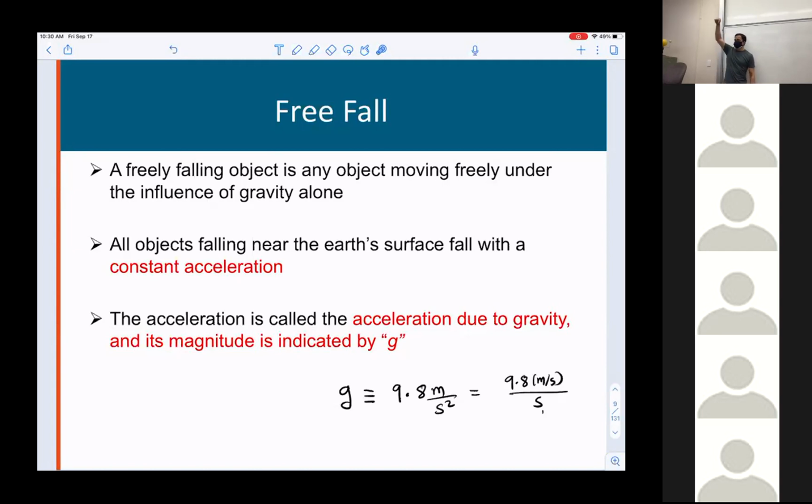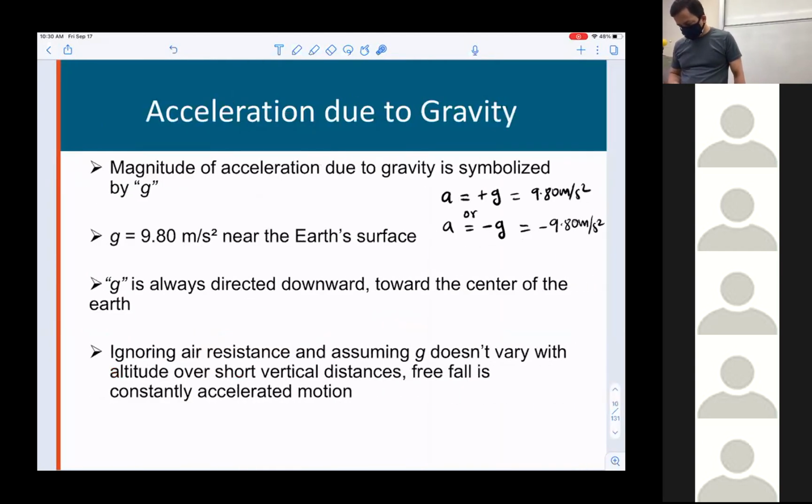If you define the positive direction downwards, then the acceleration will be plus g, or plus 9.8 meters per second squared. So g just denotes the magnitude of gravitational acceleration. The acceleration of freely falling objects will either be plus g or minus g, depending on which way you define your positive y direction.